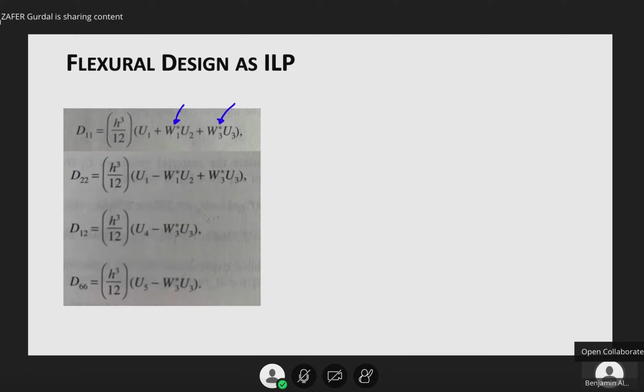We are excluding the 16 and 26 terms, not because for balanced symmetric laminates those are zero. They are not, as opposed to A26 and A16. D16 and D26 terms are not zero.